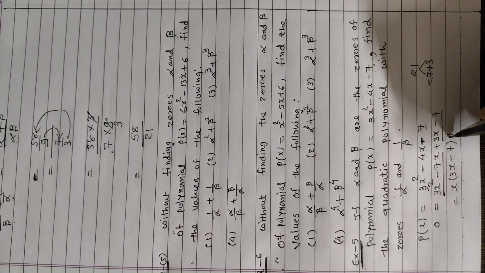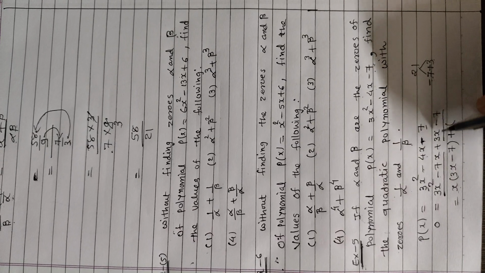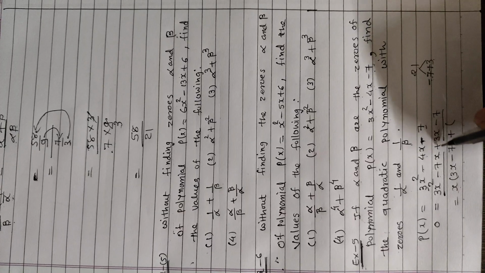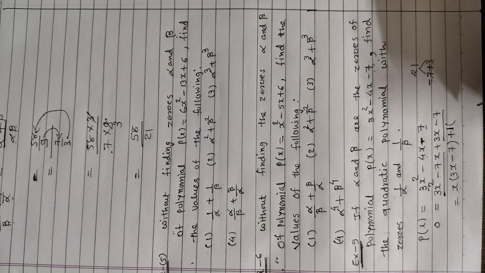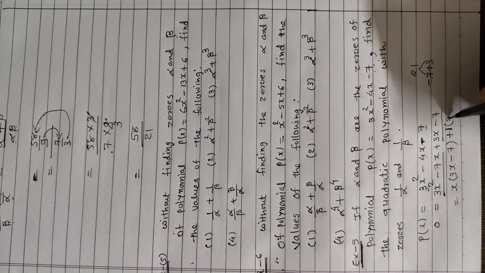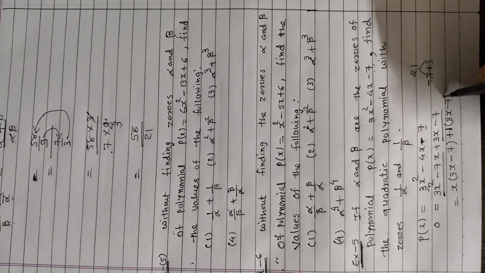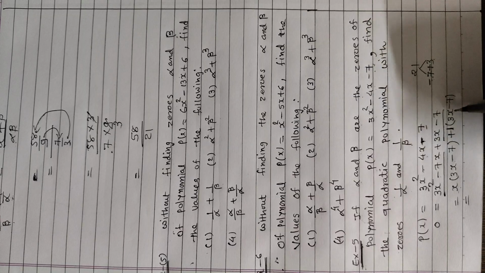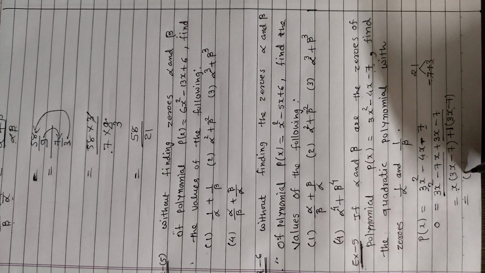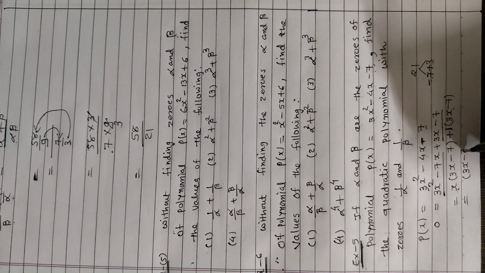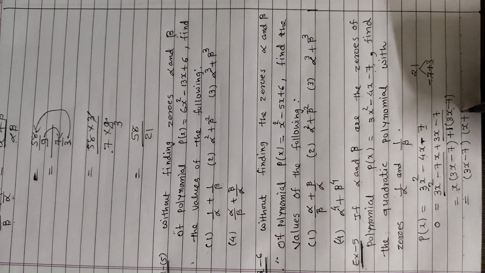Plus sign is common; from 3 and 7 nothing is common, so 1 will be common. So 3x minus 7. So now 3x minus 7 is common, and x plus 1 is in the second bracket.